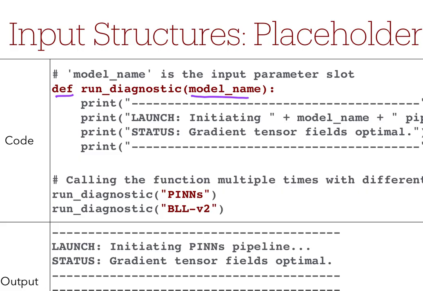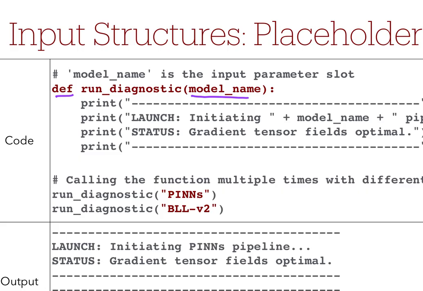Whatever value the user gives, that value will be stored under the variable named model name, and that will be a local variable. In other words, whatever the user provides, the variable model name exists only when that function exists.